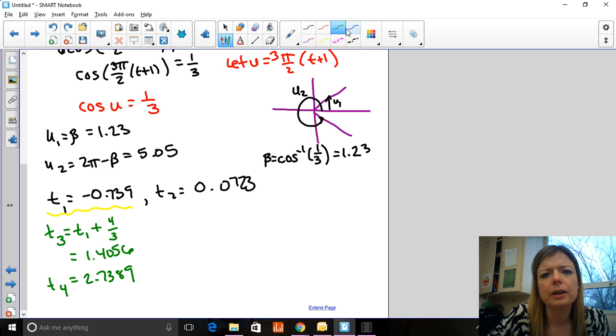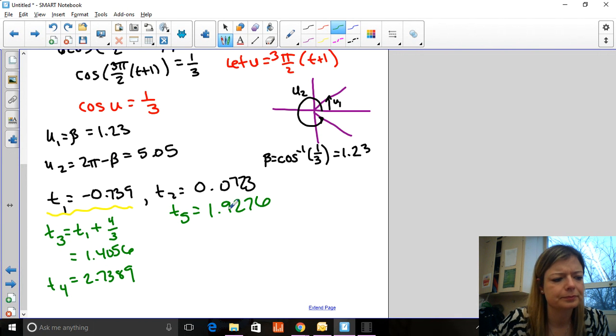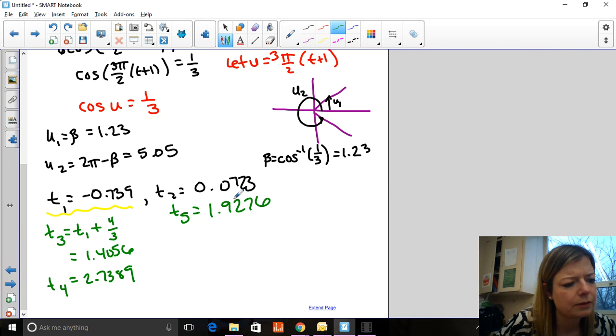So there we go. And with this one, again, we can just keep adding periods. So we take this 0.0723 and add a period onto it. So that gives us 1.4056, and I'm just trying to figure out where this 0.5943 comes from.